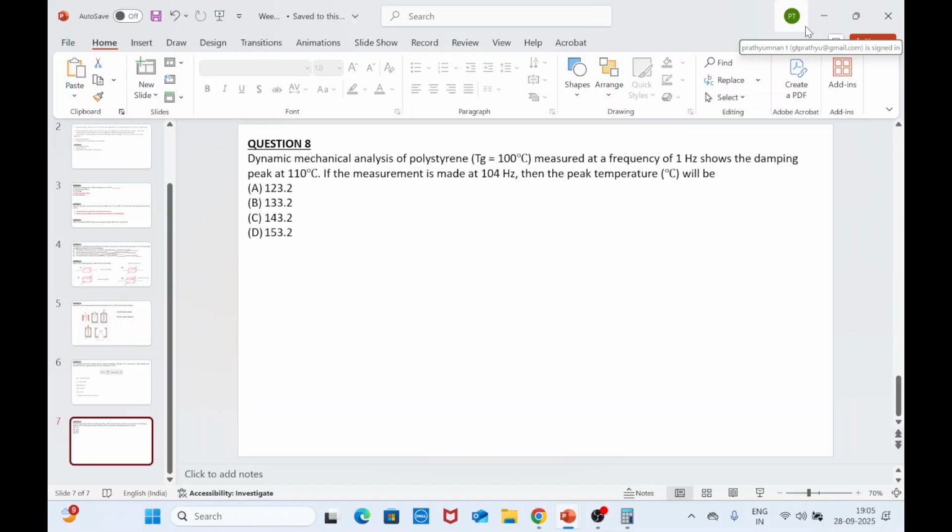The clue is it is related to how we solve the problems on the WLF equation, the Williams-Landel-Ferry equation. Can anyone recollect what the WLF equation is, or the expression for that?